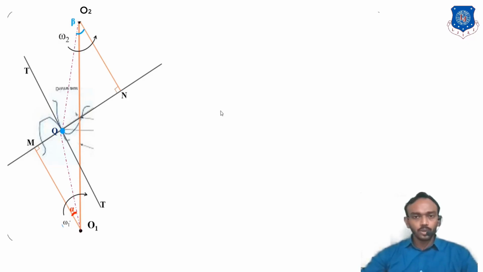Q is a common point and it is moving, so the velocity of Q can be considered with respect to both gears, because it is the contact point. You can consider it on both at a time. Now consider gear 1. This is the velocity of Q with respect to gear 1, V1.